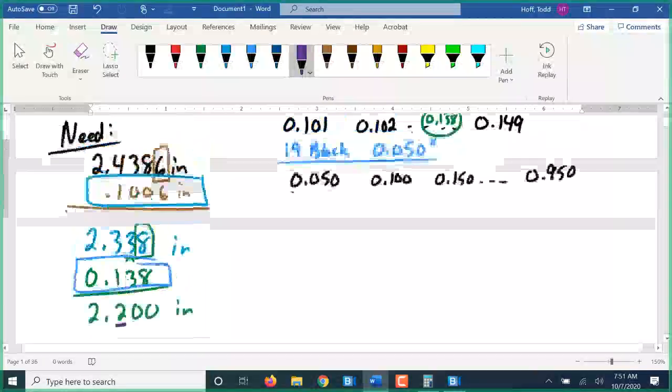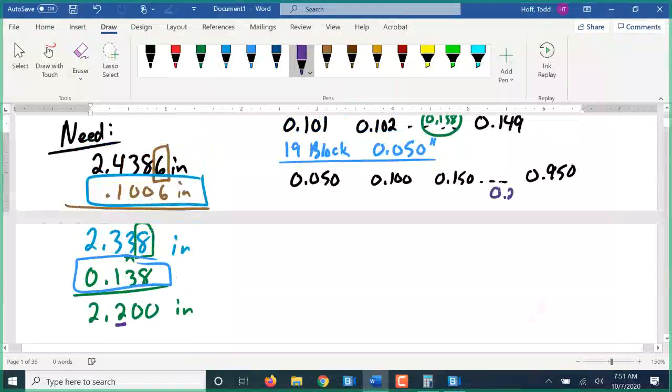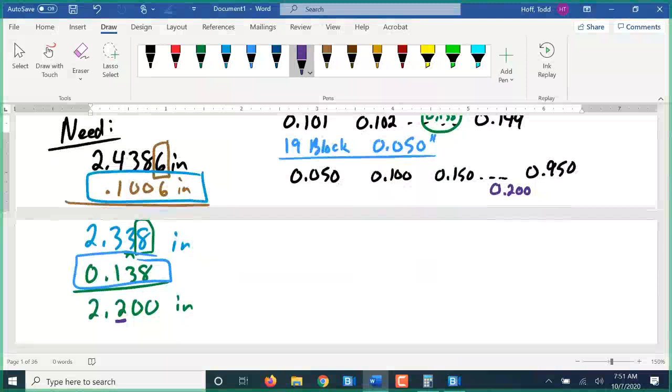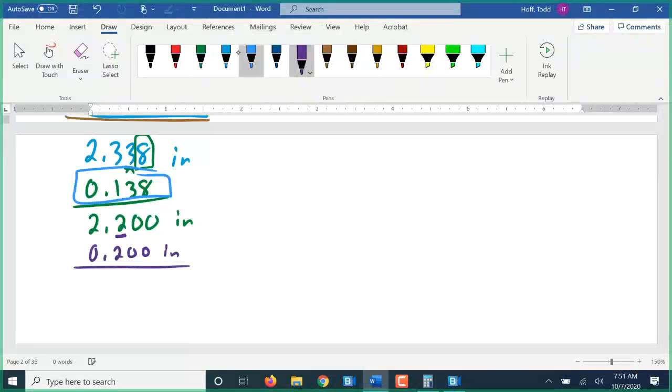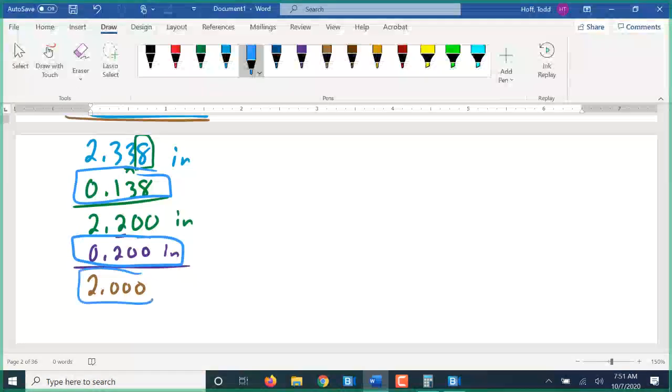In our 19 block series, we have one here that is exactly 200 thousandths. That's the one we're going to use. Subtracting leaves us with 2 whole inches. So we have the 200 block goes in, and we have our 2-inch block.